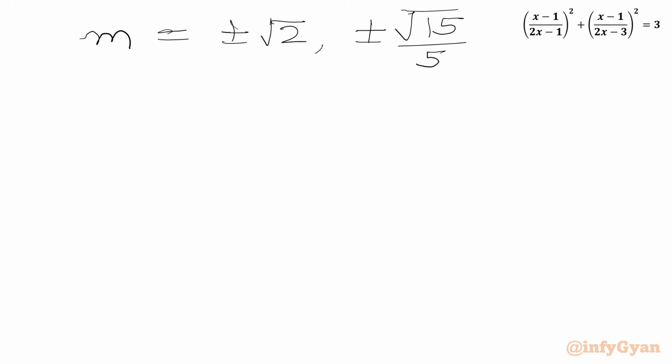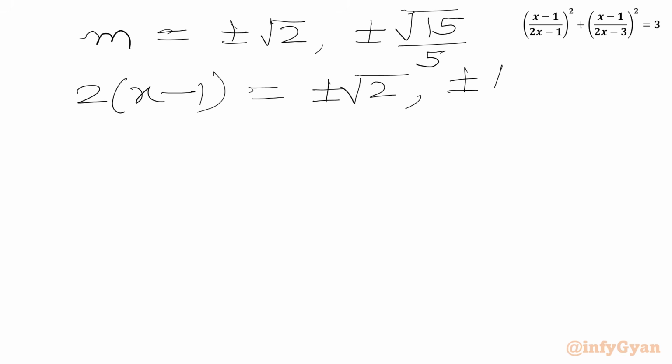Now we will write m equal to 2x minus 2, or I can write 2 times x minus 1 equal to plus minus square root 2 and plus minus square root 15 over 5.